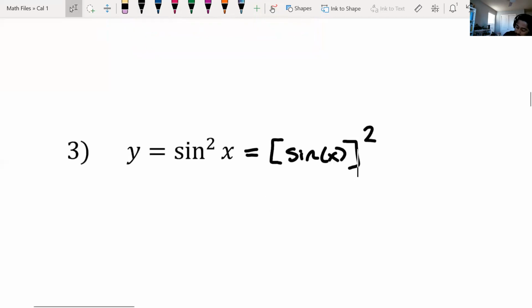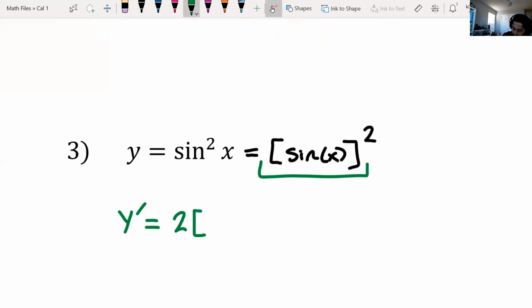So for number 3, we get y prime, and now we do the derivative of the outside function, which means that 2 comes down. So you'll get 2 times the original function on the inside raised to the first power. There's the derivative of the outside. And then you're going to multiply it by the derivative of the inside. And again, what's the derivative of sine?